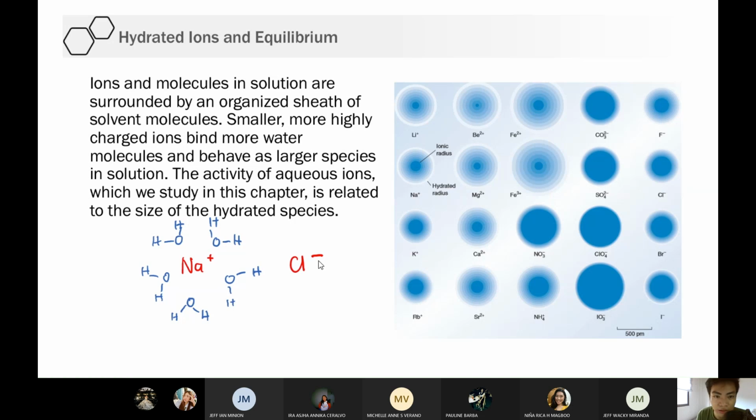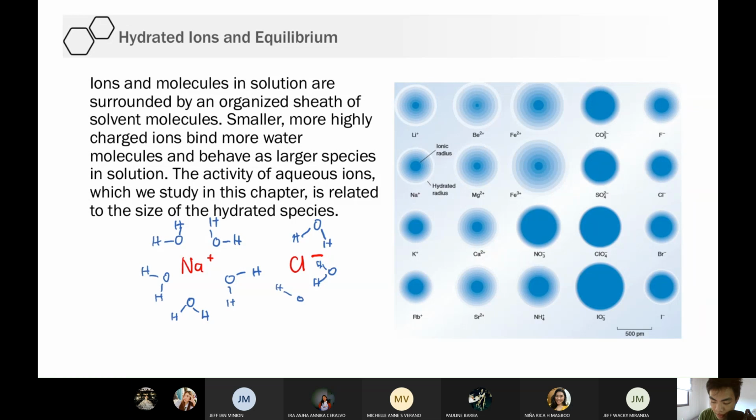Similarly, chlorides are also surrounded by water molecules. The partial positive end of the water molecule will be attracted to chloride, as it is a negatively charged particle. So it is the counterpart of sodium. Instead of oxygen pointing towards chlorine, we have the hydrogens pointing towards the chloride ion.